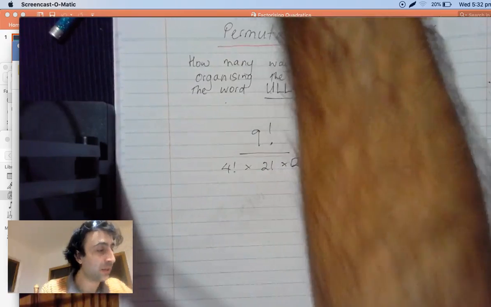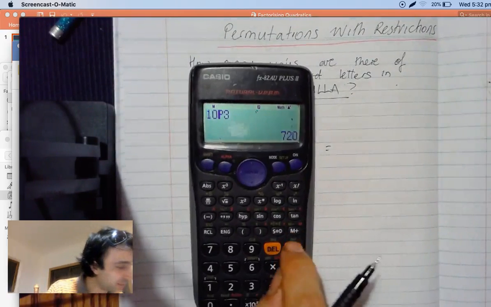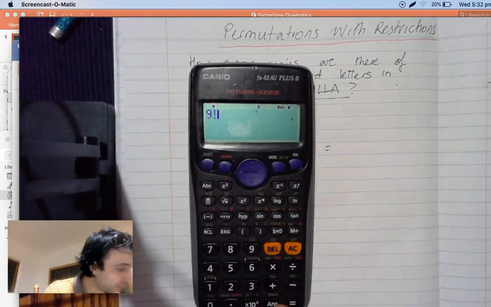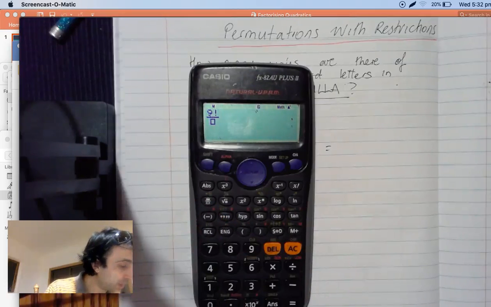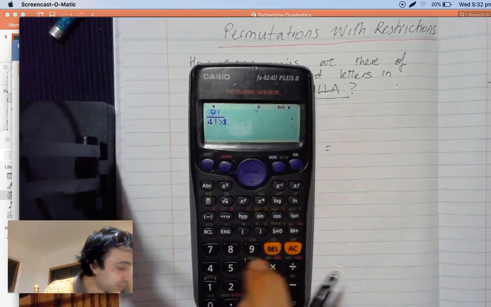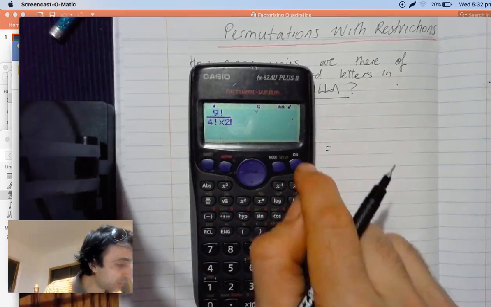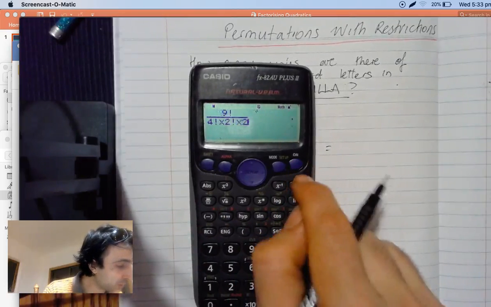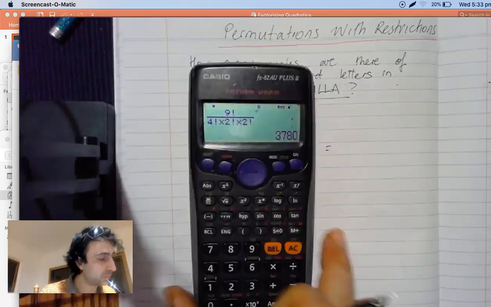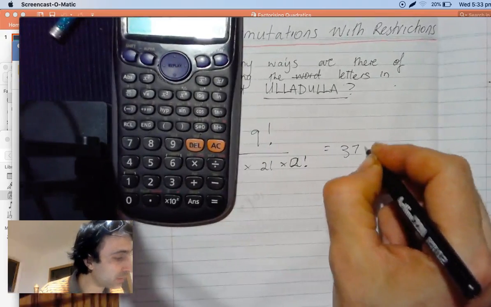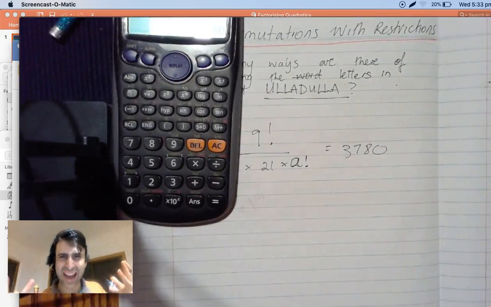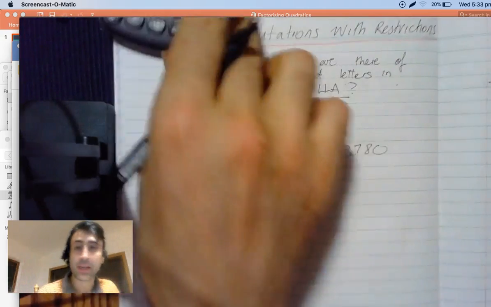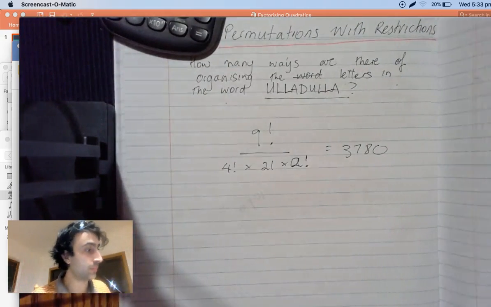So we can do this in our calculator: 9 factorial divided by 4 factorial times 2 factorial times 2 factorial. Boom. 3780. Ninja.